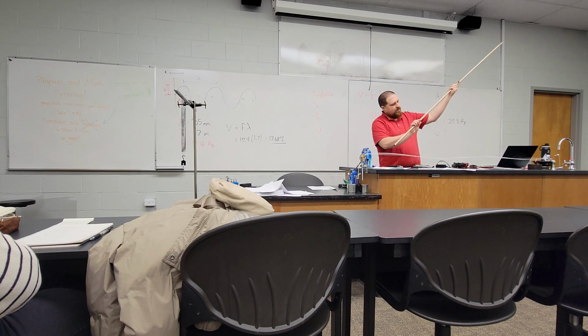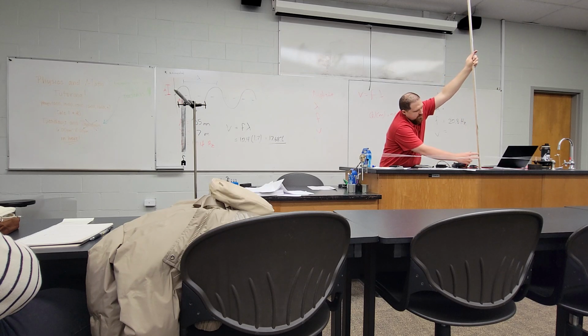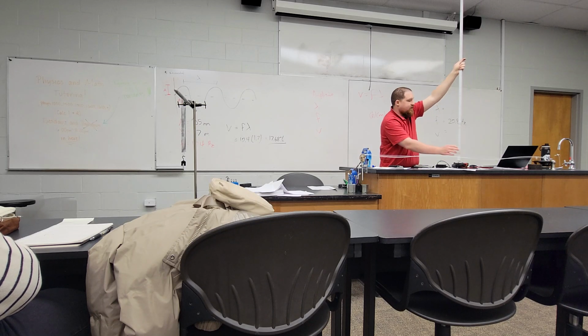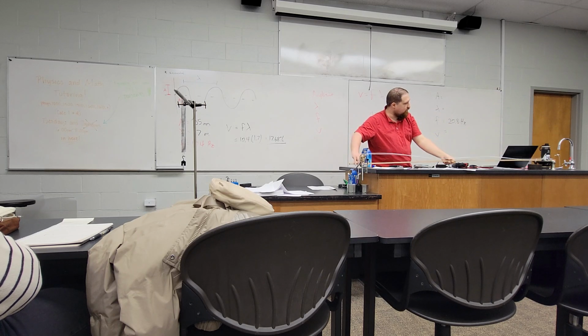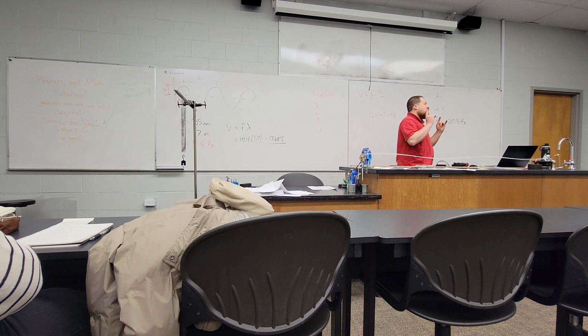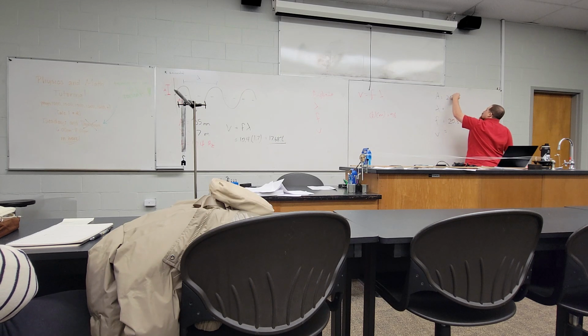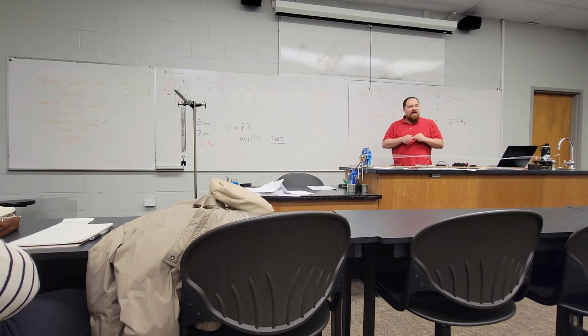For amplitude, going again from one of the nodes up to the maximum extension. That looks to have changed to about 20 millimeters, excuse me. So the amplitude dropped, interestingly. It's likely that the energy of the wave is more spread out.